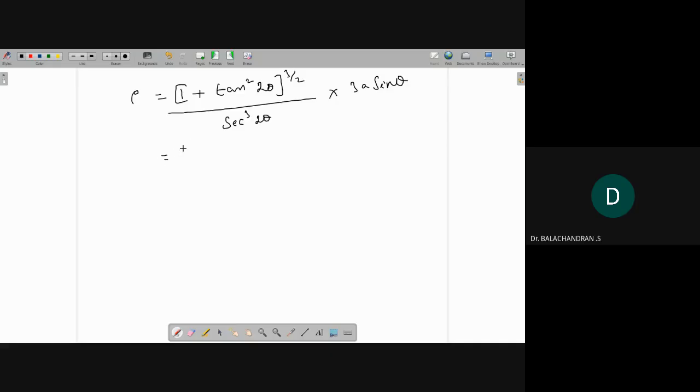So this is secant square 2 theta whole power 3 by 2. You'll get secant cube 2 theta. I've written it directly, divided by secant cube 2 theta over 3a sine theta. So these two get cancelled. The final answer is 3a sine theta.